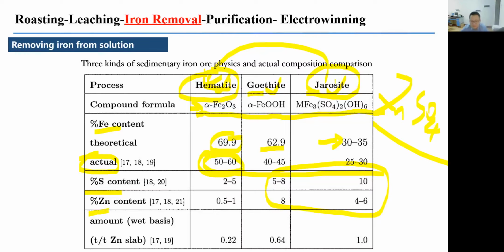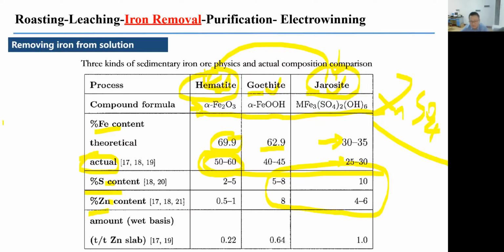But if we are preparing jarosite, the iron content is too low to be used for iron production. But for iron production, impurity elements like zinc and sulfur should be well monitored, because zinc and sulfur are sensitive or quite harmful impurity elements for iron and steel.